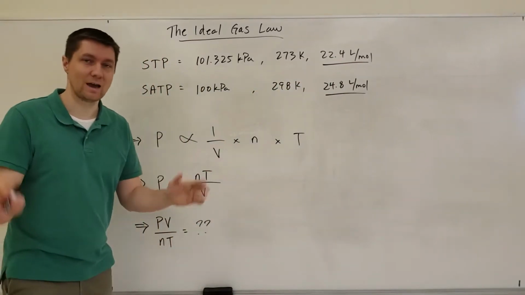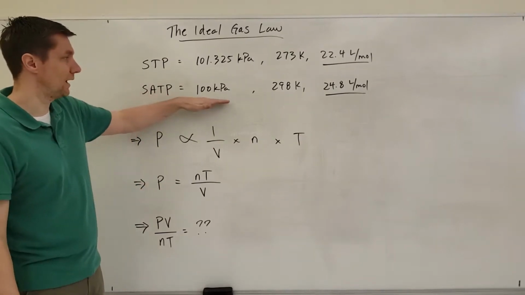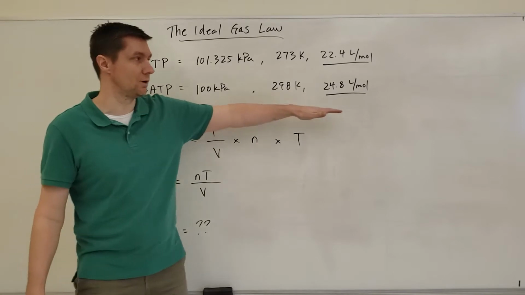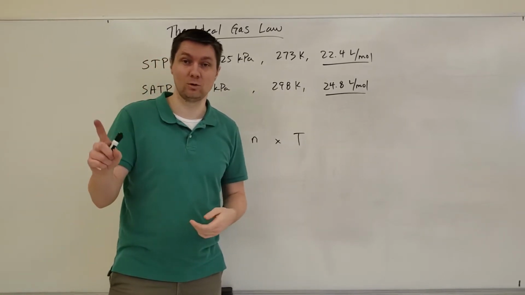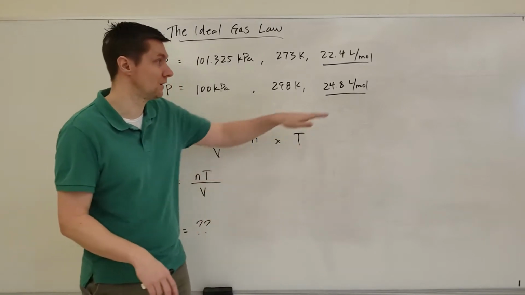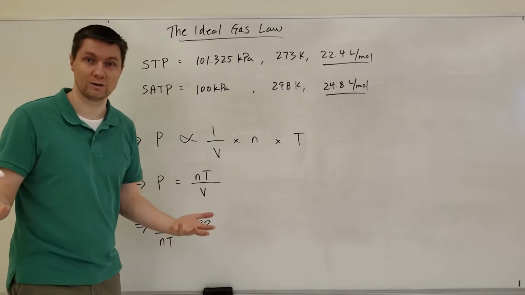And that's for every gas. And if I change the conditions to SATP, at this pressure and that temperature, the gas is going to occupy 24.8 liters if I have 1 mole of it. So if I have 2 moles of that gas, I'm going to occupy a larger volume, obviously, a volume twice as big.